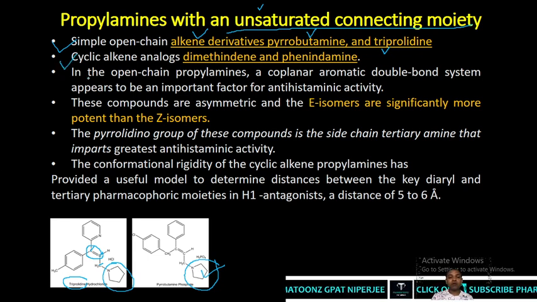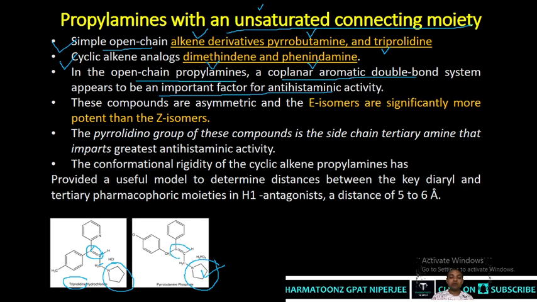Another kind of propylamine with an unsaturated system is a simple open chain compound like pyrrobutamine and triprolidine. But cyclic analogs also contain propylamine with an unsaturated connecting moiety. The drugs are dimethindene and phenindamine. In this open chain propylamine, coplanar aromatic and double bond systems appear to be an important factor for antihistaminic activity.